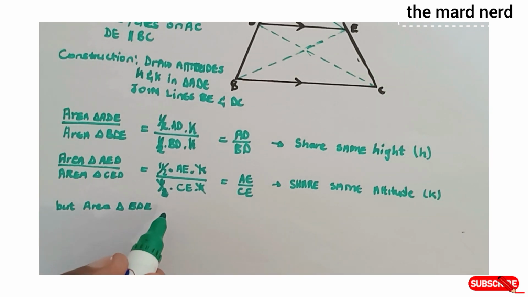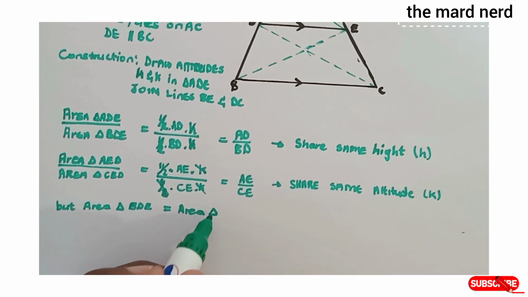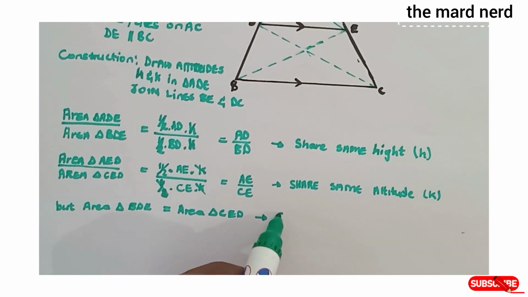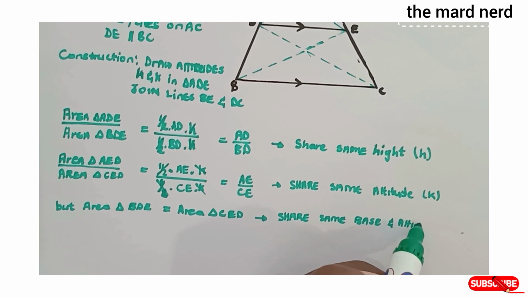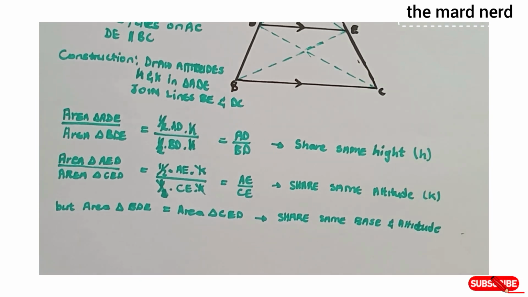We say the area of triangle BDE is equal to the area of triangle CED, because they share the same base and altitude between the parallel lines.